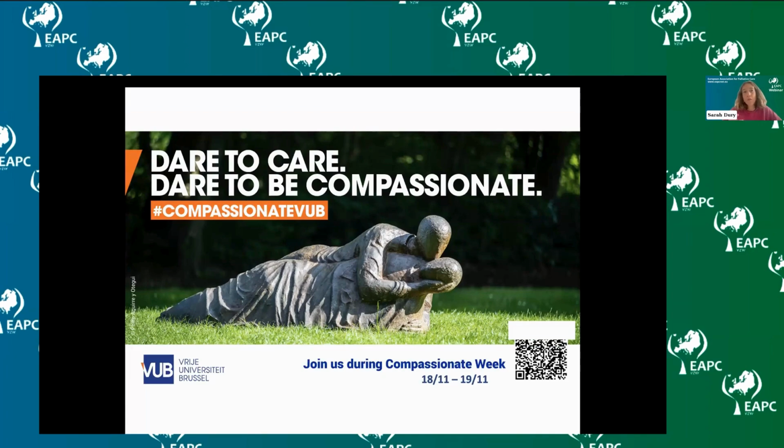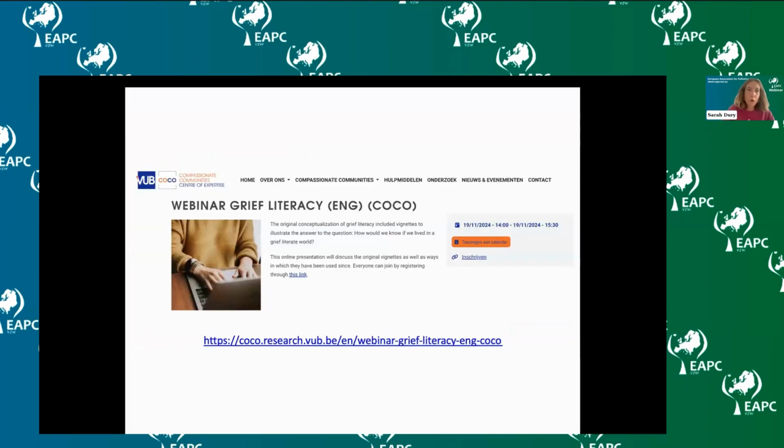And we also have a commemoration moment for the people who have passed away, but also to recognize people who are taking care of seriously ill people. So there are all types of activities, but we have one that will open up to everyone, and that's on grief literacy, and it'll be in English during that week. So you're very welcome to join.